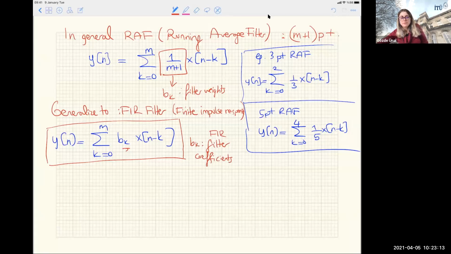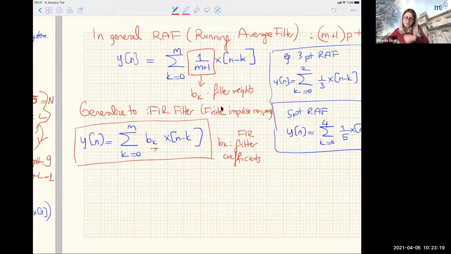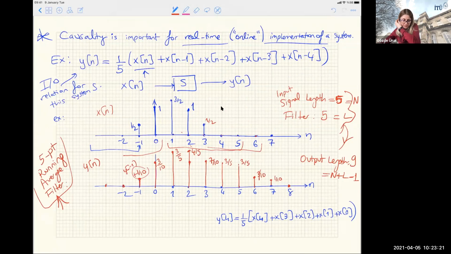Let's check y of 4, guys. I need to take 0 and these 3 together. Mustafa is asking, can we check the y of 4 results here?